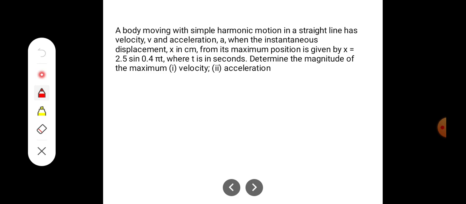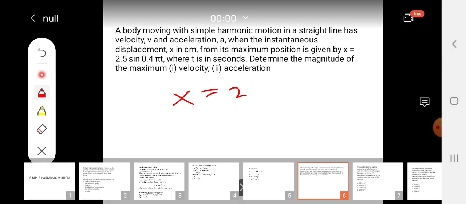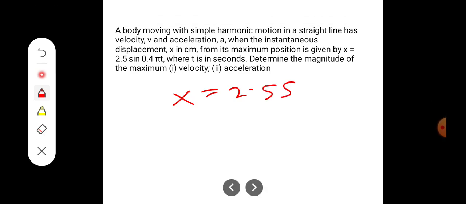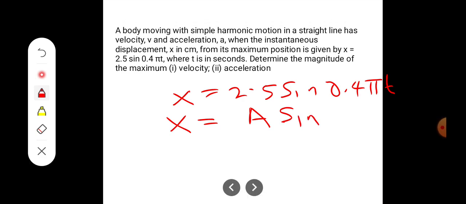Let's see. We're given that the displacement x is equal to 2.5 sine 0.4 pi t. This looks like the formula we gave, a sine omega t.